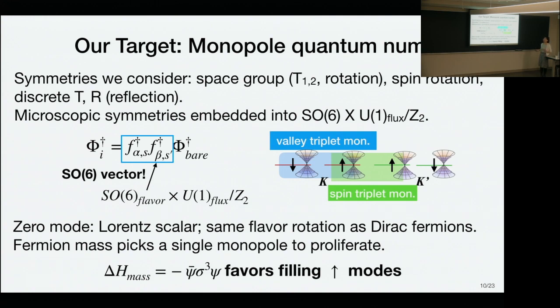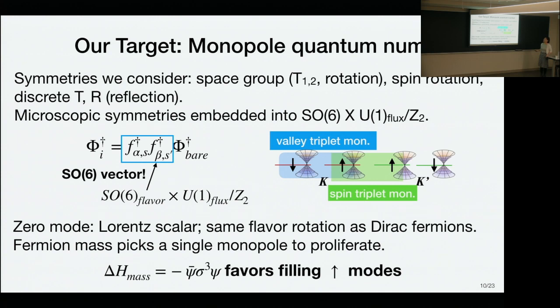And to reformulate the problem: how do we embed all these microscopic symmetries into this enlarged low energy symmetry group, which, to be rigorous, is an SO6 flavor rotation and this U1 flux conservation group, a direct product between them. So to fix the SO6 flavor rotation part is also quite straightforward.